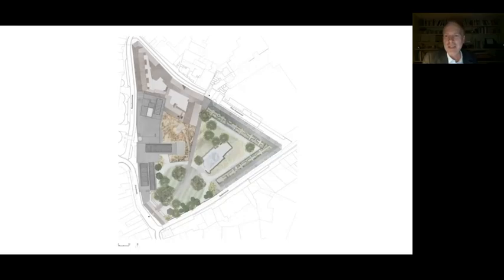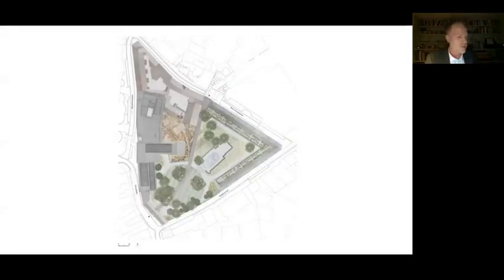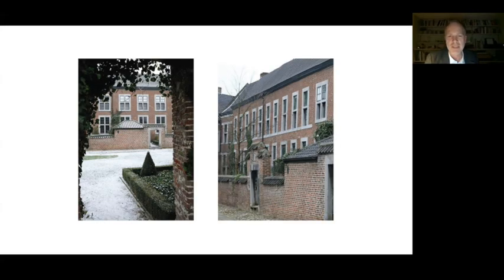So the plan is to turn the gardens into a park, and at the centre are the ruins of a church that will become once again a significant part of the experience of the site. This is the kind of architecture.